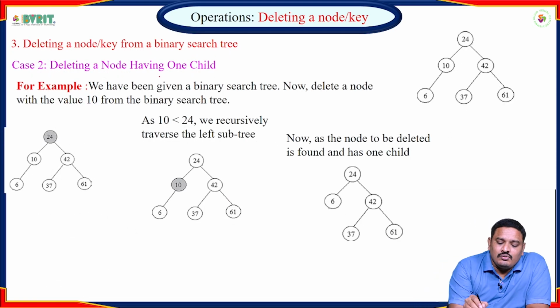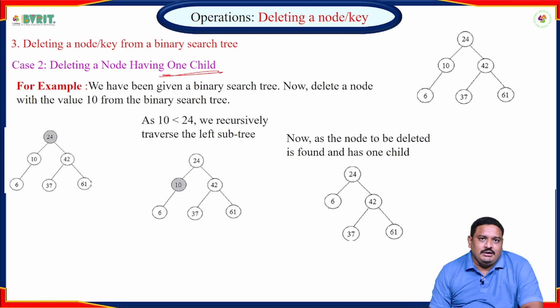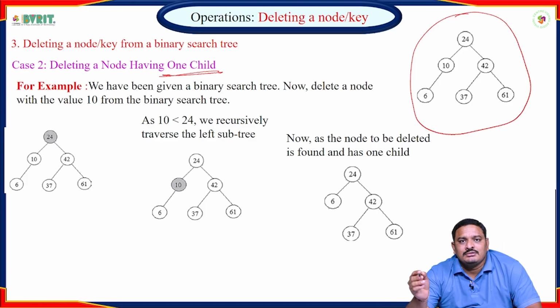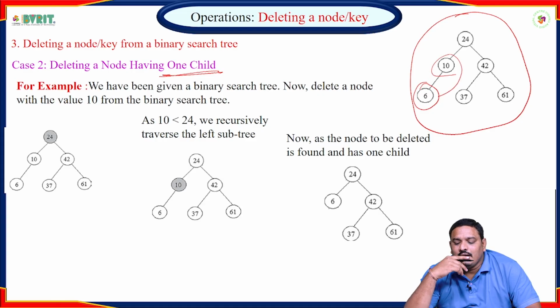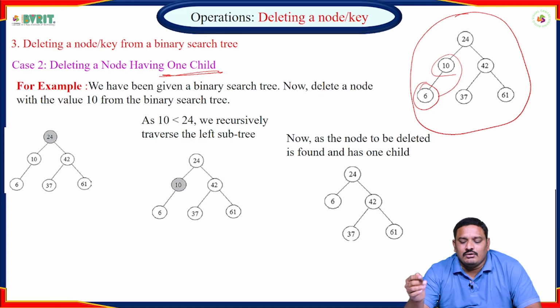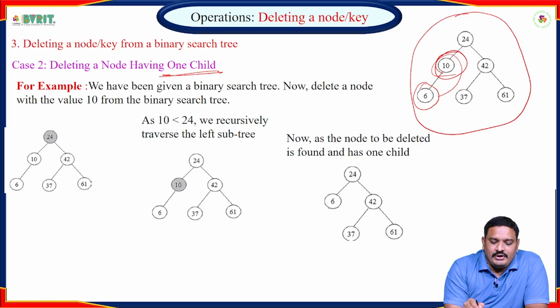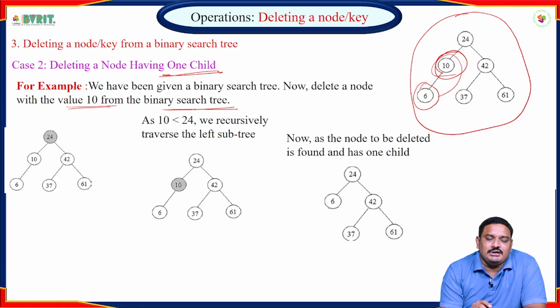Another case is a node with one child. In the tree, the node which has one child will be deleted. Suppose in this example, the node 10 has a single child, the node 6. Whatever single-child node is there, that node will be deleted. See this: we have a binary search tree and we delete the value 10.